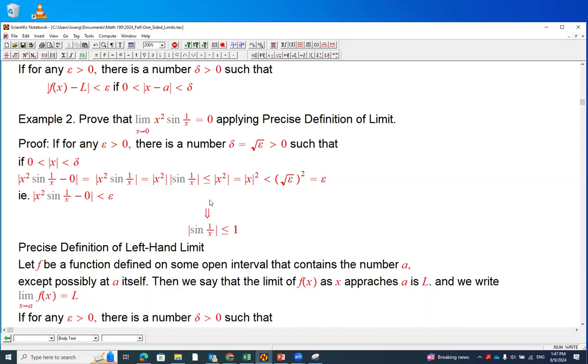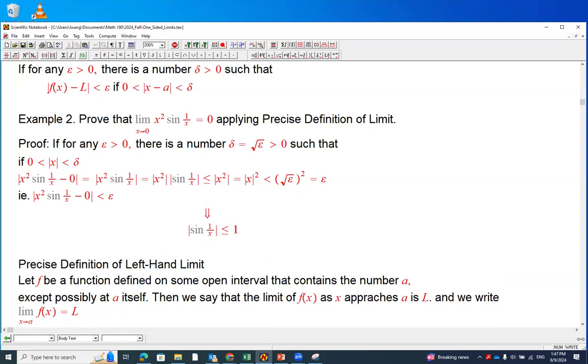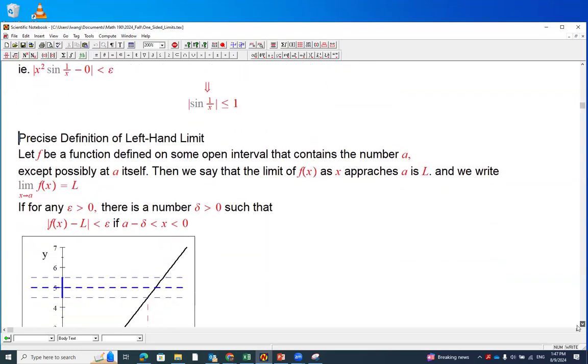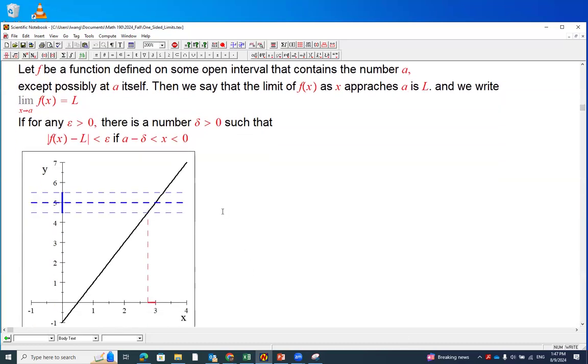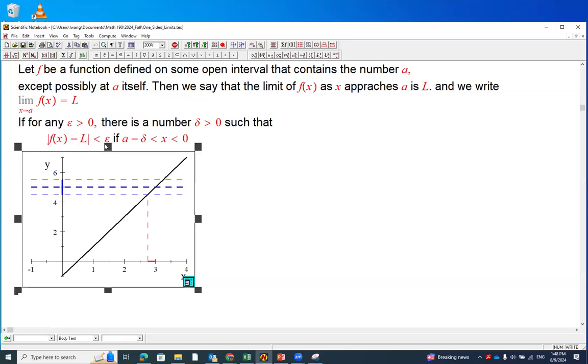So by this time, you can see you can have a precise definition of the left-hand limit. Left-hand limit means, using the same example, that for any epsilon greater than 0, there's a number delta greater than 0 such that this time our x is chosen from the left of 3 in our example here. But the requirement for the function is still the same: the absolute value of f minus L is less than epsilon.